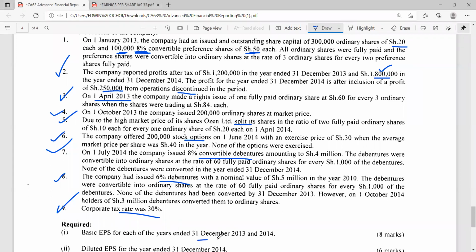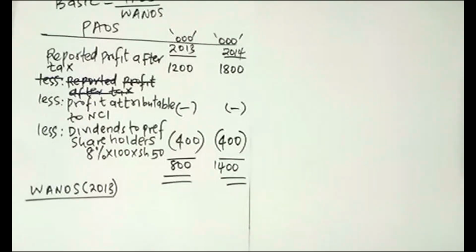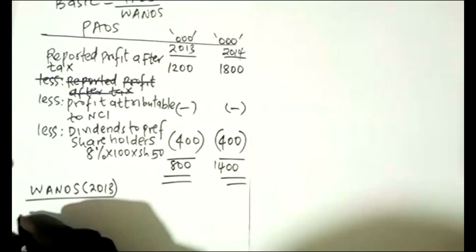Remember that our financial year ends December. So as at 1st April 2013, there was that aspect of right issue, according to note 3. If you have a right issue in a certain financial period, when you are computing the weighted average for that relevant period, you use this formula.